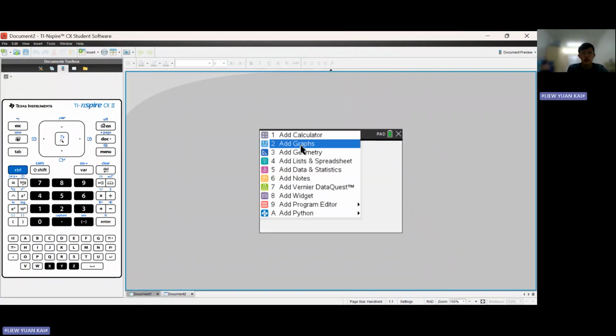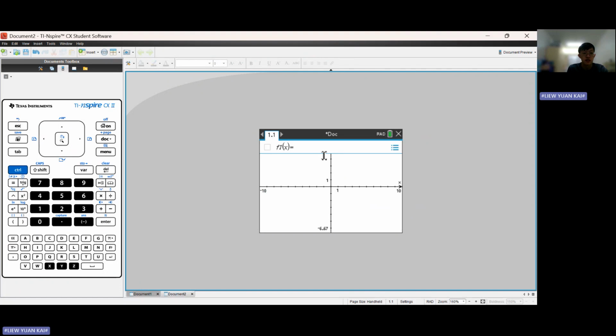I want a graph, so I'll click graphs. Then after that, I shall type in that. On the left hand side, you see 0.0038 divided by 0.0019. On the right hand side of the equation, we have the gigantic fraction, so you move the gigantic fraction to the left hand side by simply minusing away that fraction.